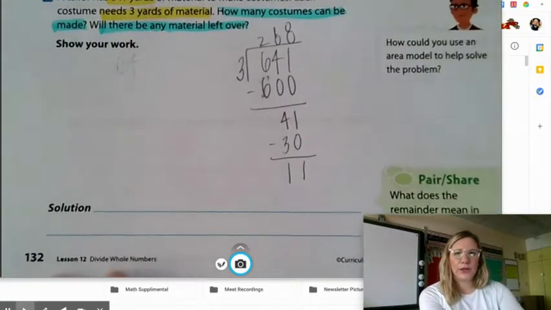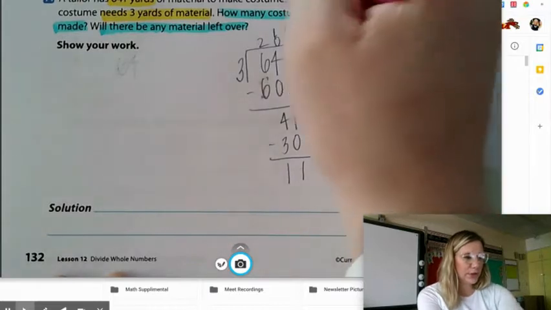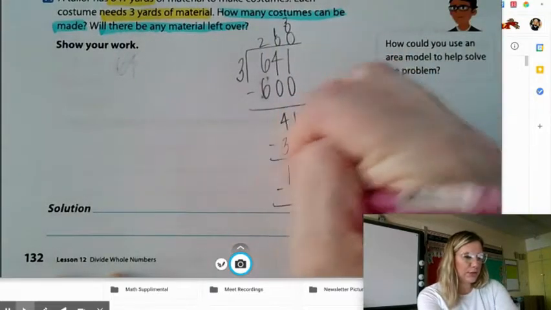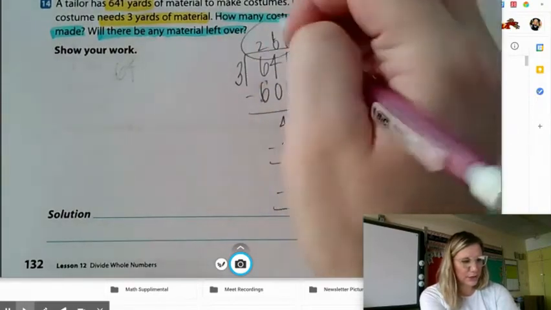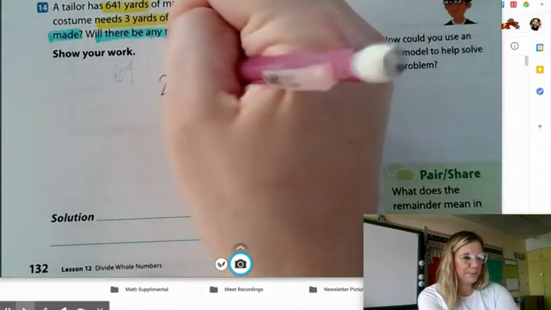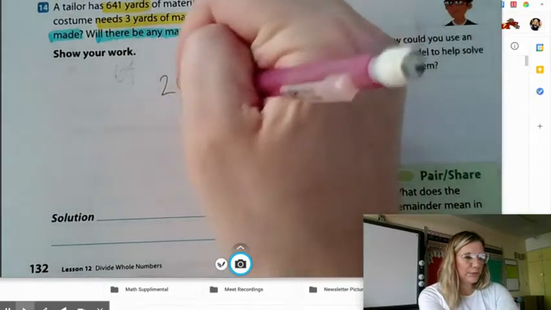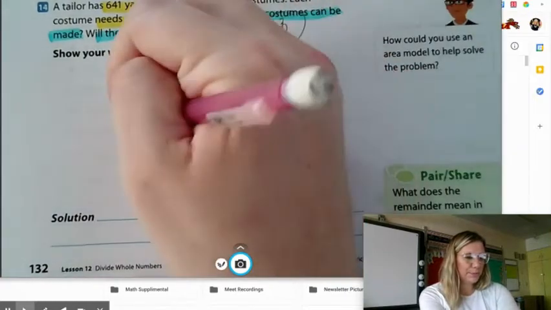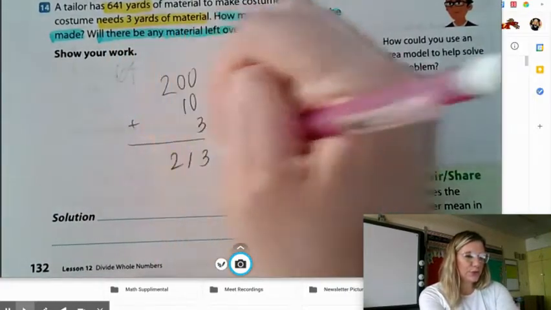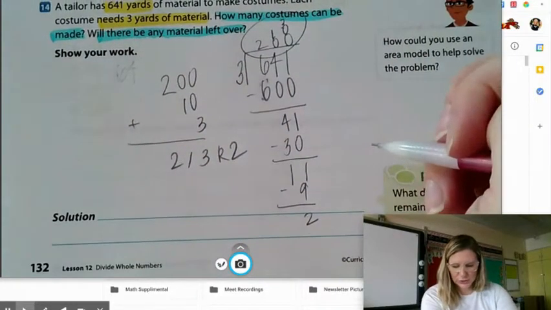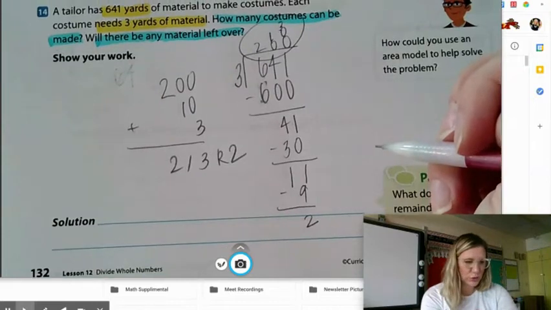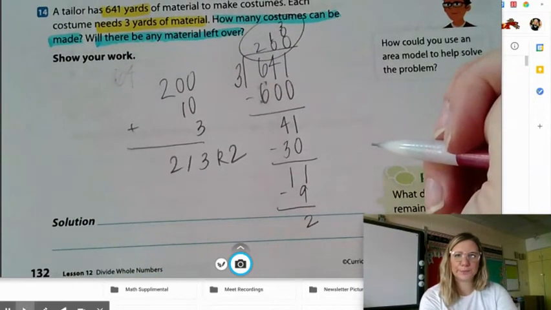And then I know that 3 times 3 is 9, and we're left over with a 2. Then I add my 200 plus my 10 plus my 3 to give me 213 with a remainder of 2. So my solution is 213 costumes, and there will be 2 yards of material left over.